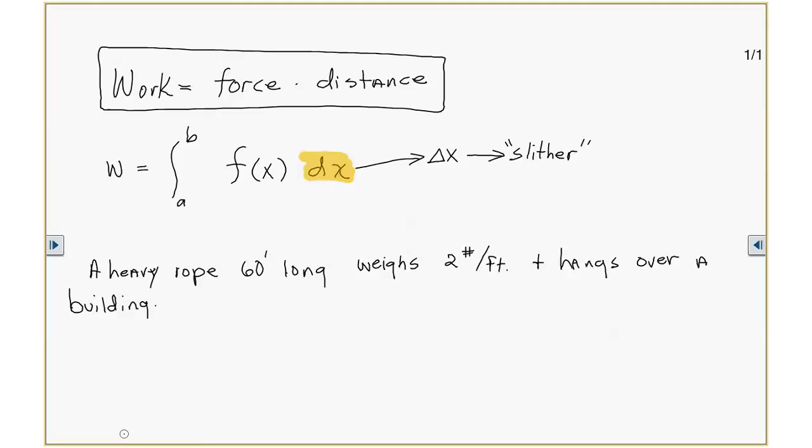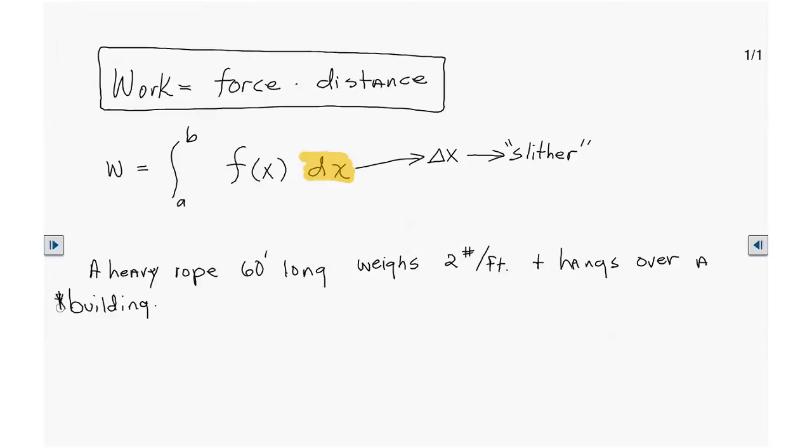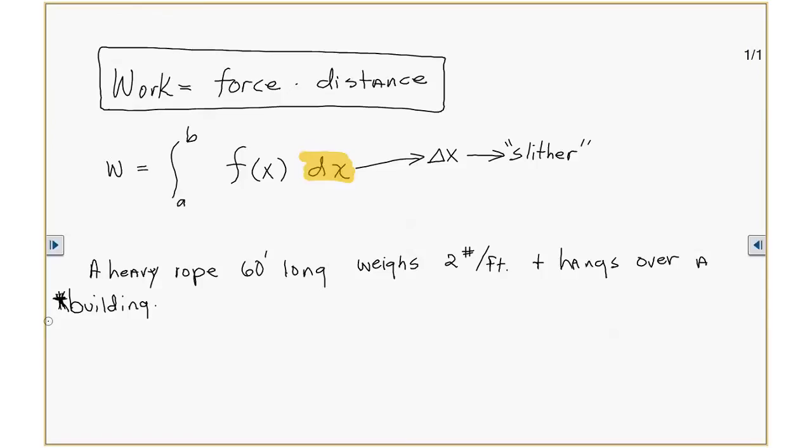And the building is always longer than the rope. I'm not going to put a 120-foot building in here because a 120-foot building has what to do with the problem? Nothing to do with the problem. So put a little asterisk right here. The building will always be longer than the rope. Okay? That way you don't put another number down in here and get it all confused.